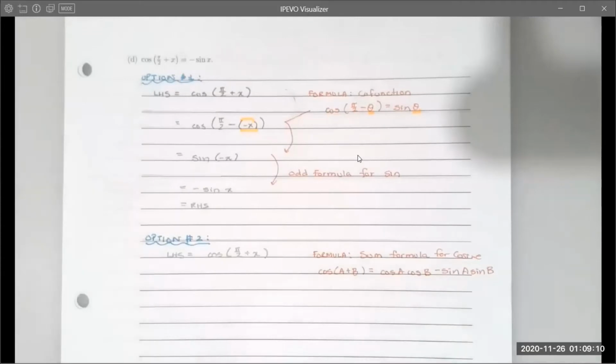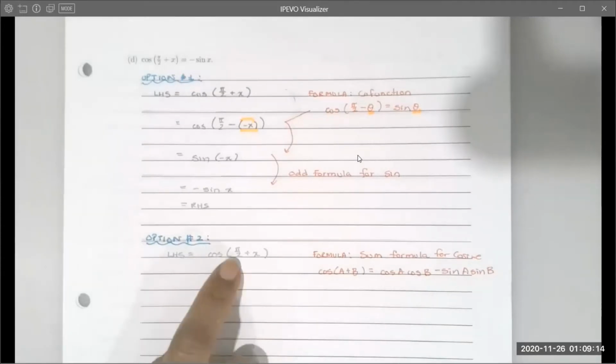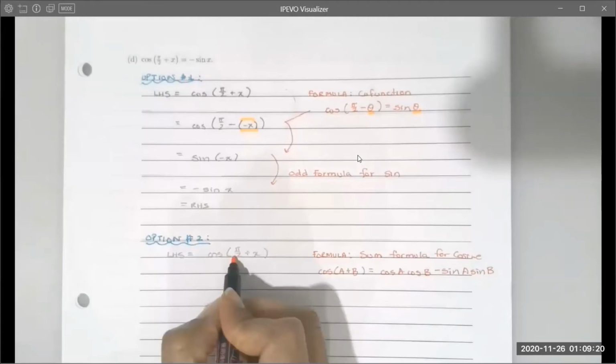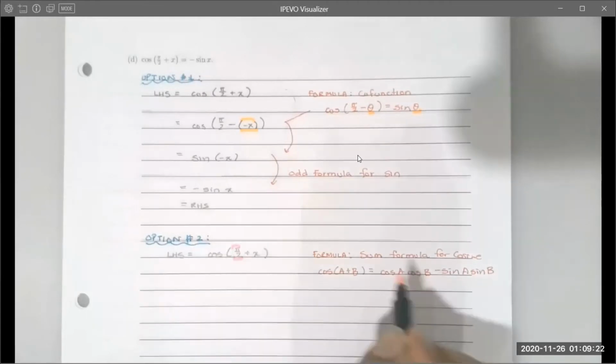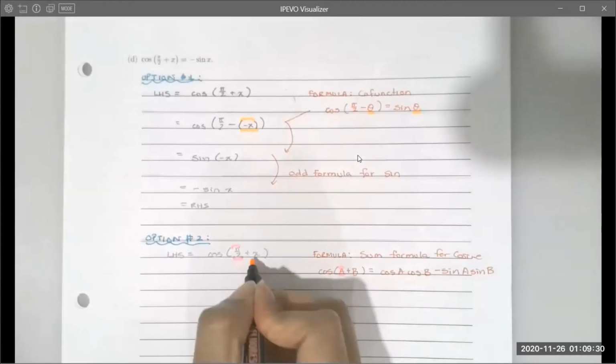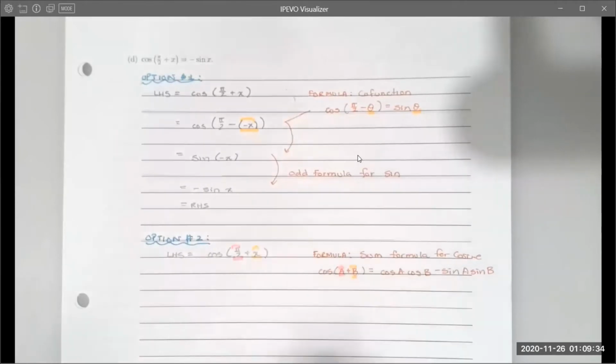Now in our case, in the expression that we're trying to prove, the pi over 2 is the first angle. Let me color code it. It's the first angle, so that is represented by A in the general formula. And then we have x for the second angle, and that's represented by B in the formula.